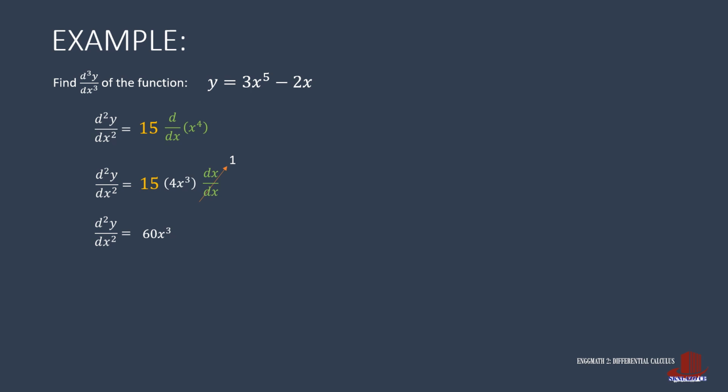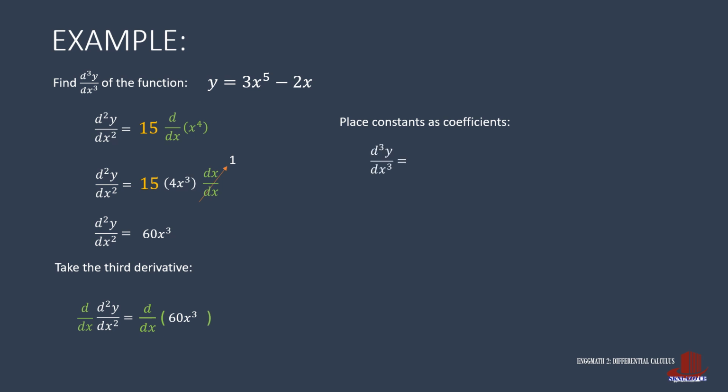With the second derivative completed, we move on to what was asked, the third derivative. From the current result, differentiate it again. Place the constant out from the term. So the third derivative of y with respect to x is the constant 60 with the derivative of x cubed.